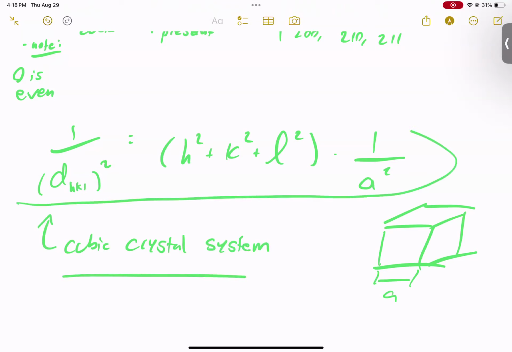In the next video, I will actually be using the formulas. I know I threw a whole bunch of formulas and rules at you, so next video I'll post examples. I think I have 2 examples with X-ray diffraction. You'll get to see me actually using these formulas, and they will make a lot more sense, including how we use the cubic crystal system to figure out the interplanar distance d_HKL.